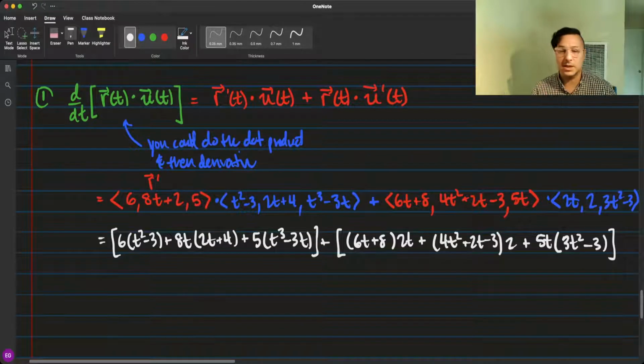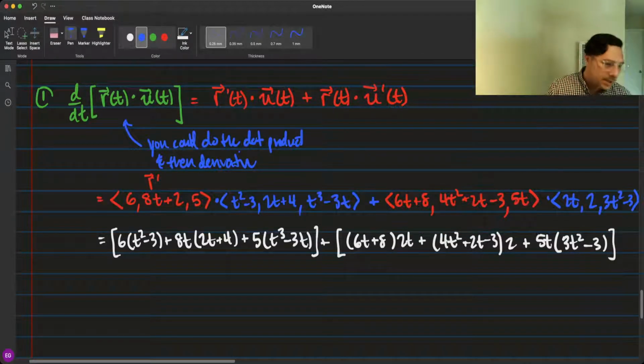There's just so much arithmetic you have to do. So, deep breath, let's do it.